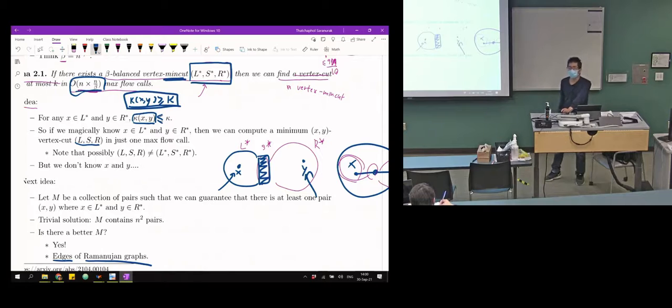But we don't know where the left and right sides are, right? We don't know L star and R star. Randomly, if we sample n over beta times, we will get one from the left. But here we are talking about a deterministic algorithm.